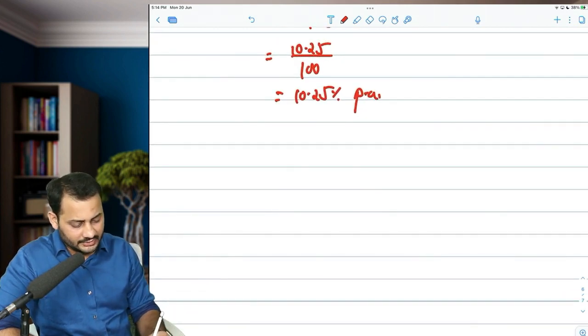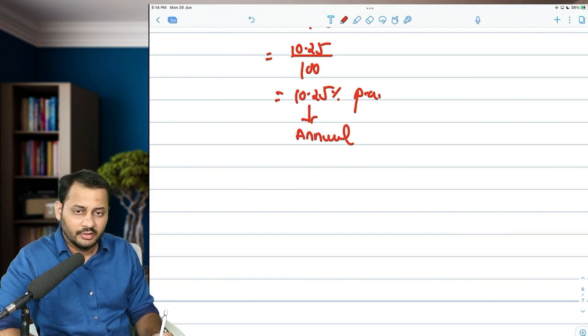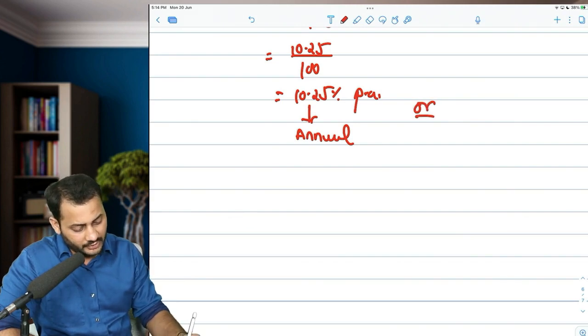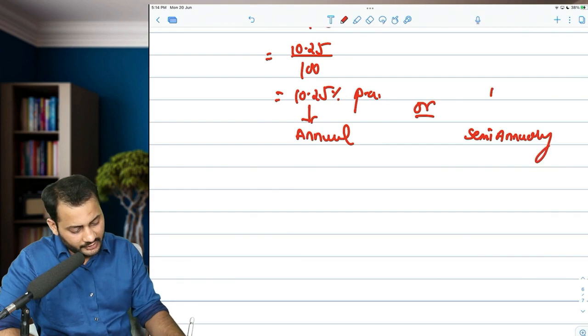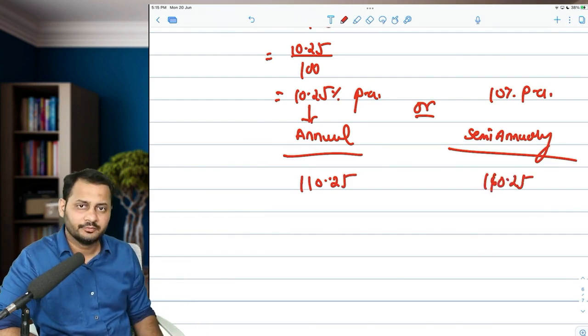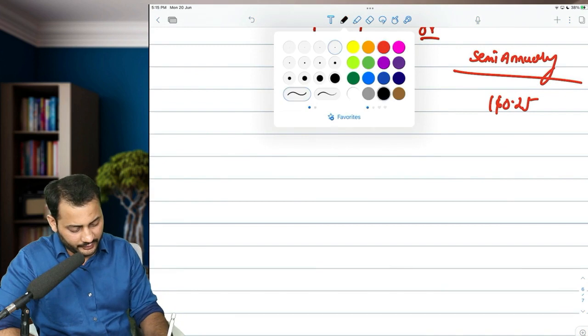What I want to say is that if you do the compounding annually with a 10.25% rate, or if you do the compounding semi-annually with a 10% per annum rate, both will give you the same answer of 110.25. Am I right? Let's do it and let's prove it.